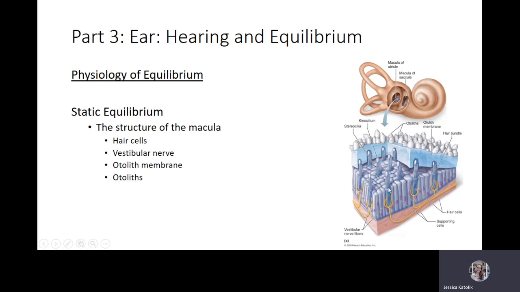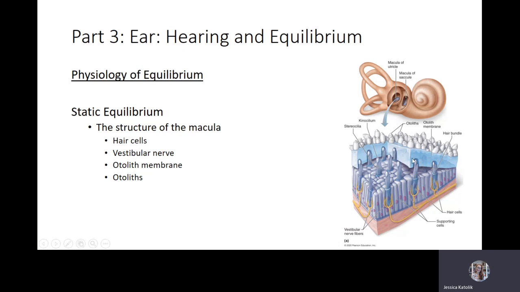These hair cells are going to have a set of microvilli, or what are called stereocilia, coming up, and then a kinocilium, which is a true cilium over here. These cilia are going to be embedded in the otolith membrane, which essentially is a jelly-like structure that will encase these stereocilia and the kinocilium of the hair cells.